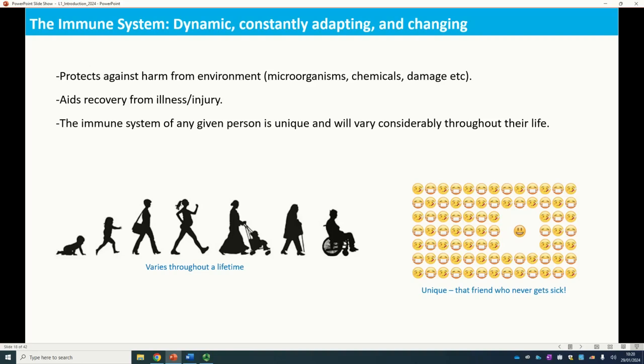Obviously, you need to protect the fetus from the mother's immune system. So there's changes there. And then, as we age, the immune system will steadily decline. The thymus actually shrinks, and the immune system will start to ramp down as we age. So it's not static. It's always changing, and it will change throughout an individual's lifetime.